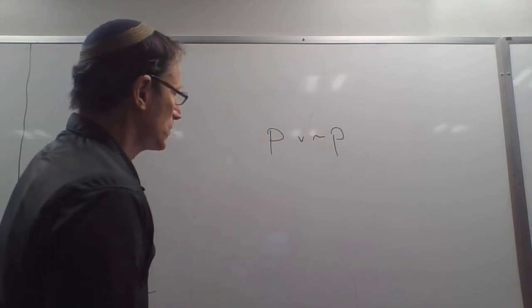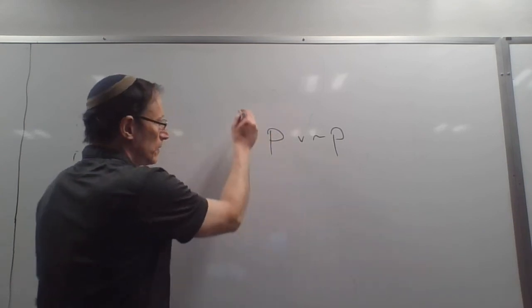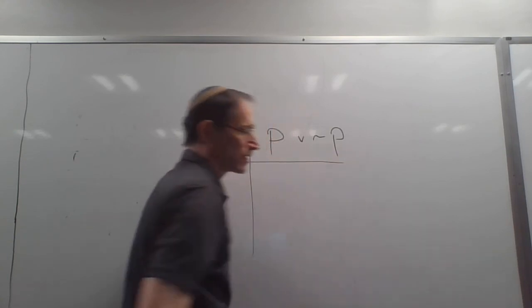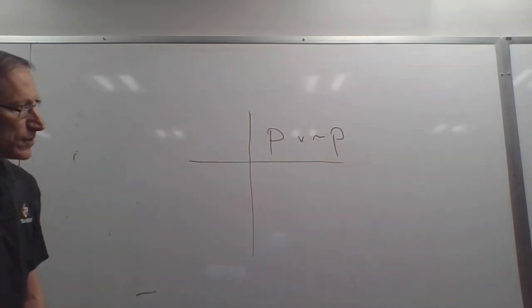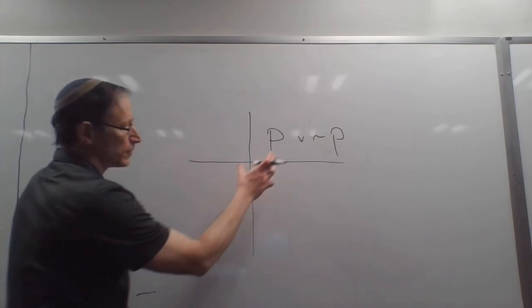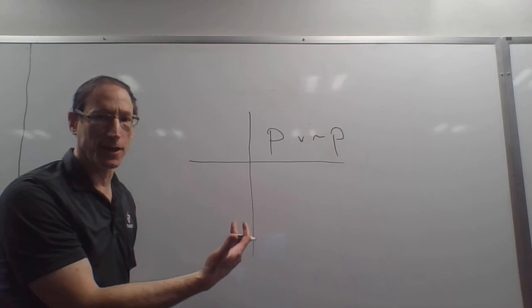All right, how would you do that? Well, to do a truth table for this formula, you make a cross, which is always a nice thing, like so. And then you list the components that are in this formula. There's only one component, namely P, right?